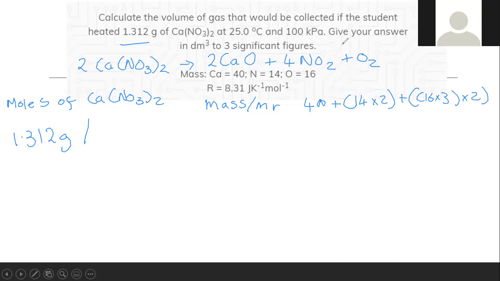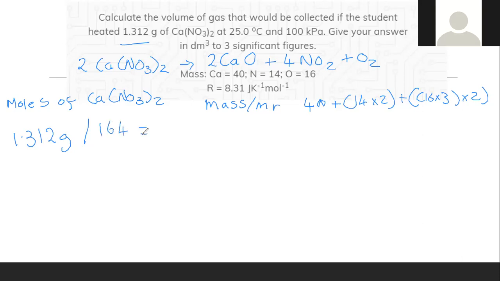I can't actually tell if that was 100, I think it's 164. 40 plus 14 times 2 plus 16 times 3 times 2, yeah, 164. That serves me right for having really poor handwriting.